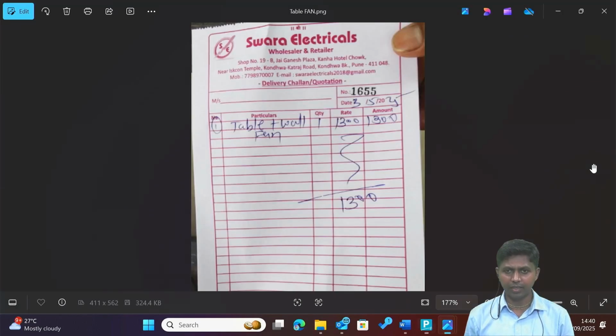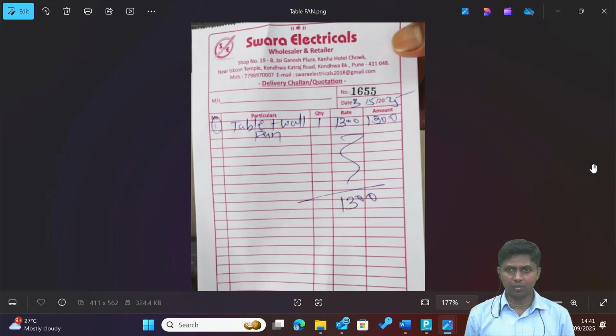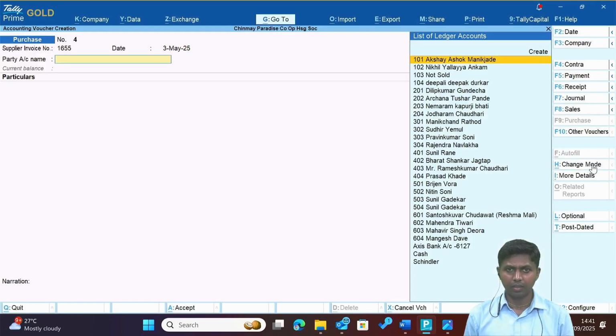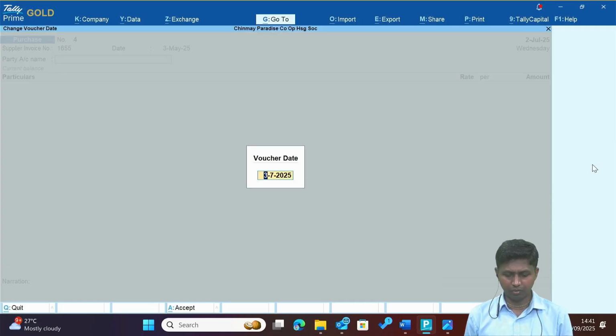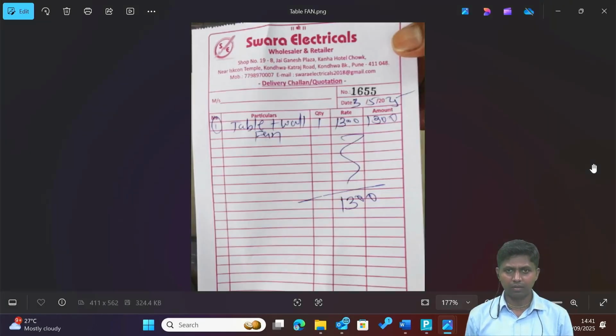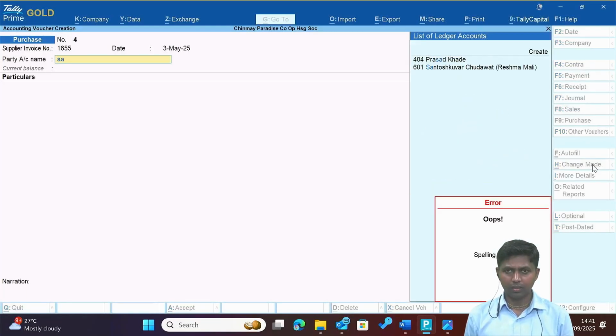If we're selecting that, first invoice number 1655. Then after that, tally asks you about the date of invoice, 3rd May, and then after that, change the voucher date also 3rd May, and then after that, party name Swara Electro. That party is not there.